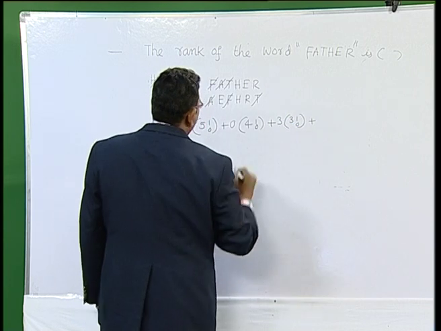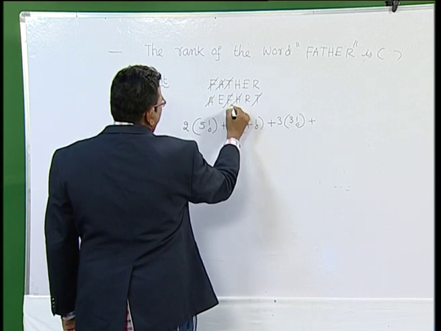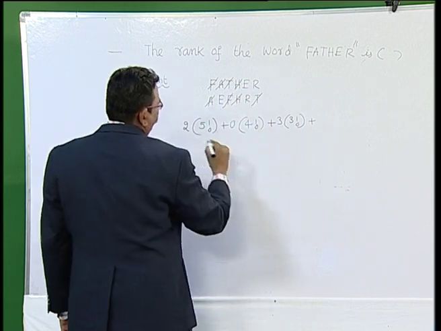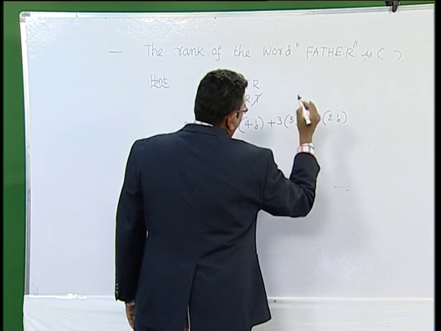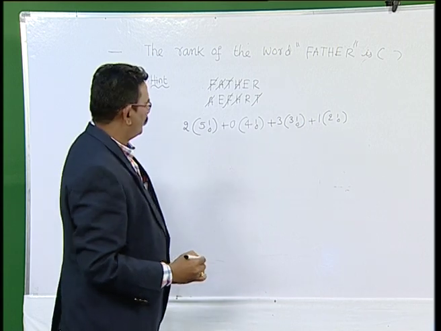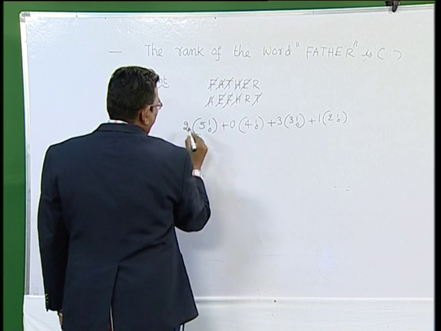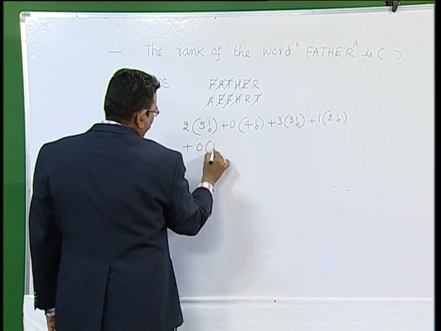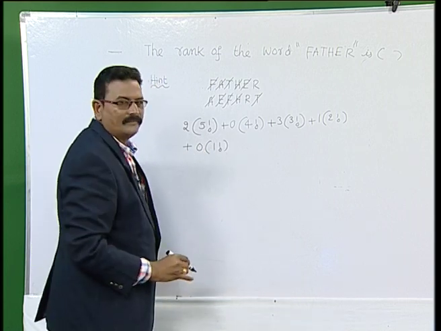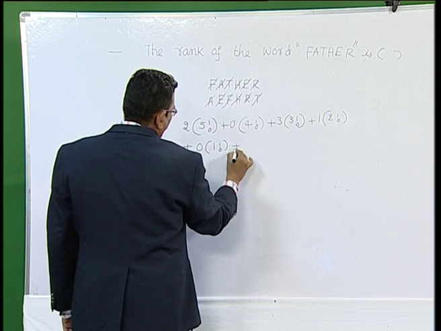Plus the next required letter is H. Before H we have 1, so 1 into 2 factorial. Next letter is E, before E no letter is there, 0 into 1 factorial. Now R gets cancelled, and the next word will be FATHER itself, add 1.